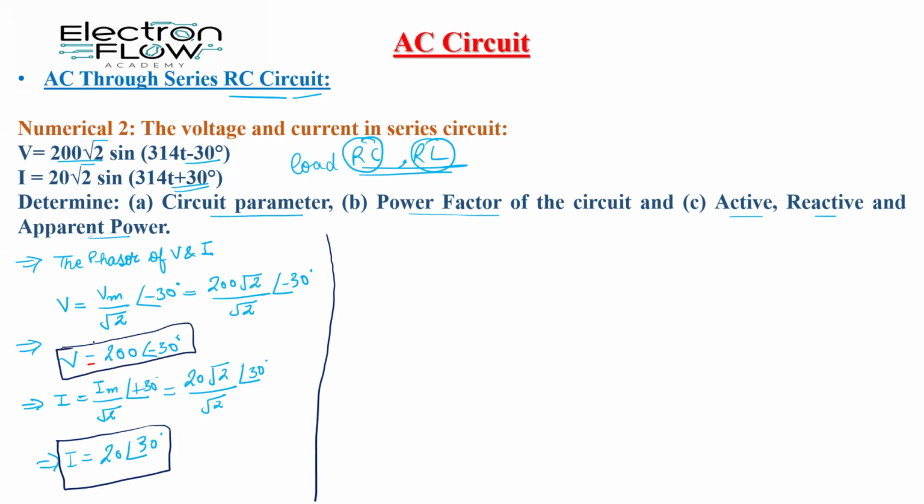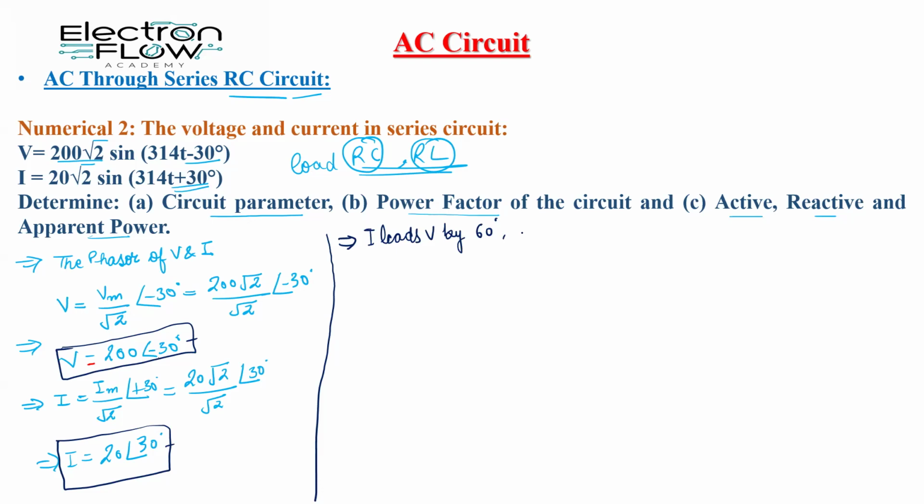Here we can see that the current leads the voltage by 60 degree. This is minus 30 degree and this is plus 30 degree. So current leads voltage by 60 degree.